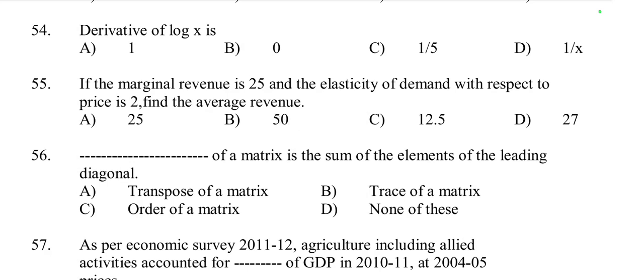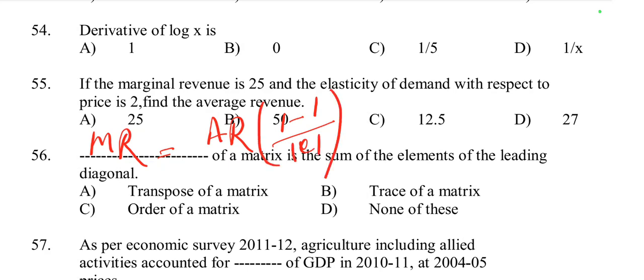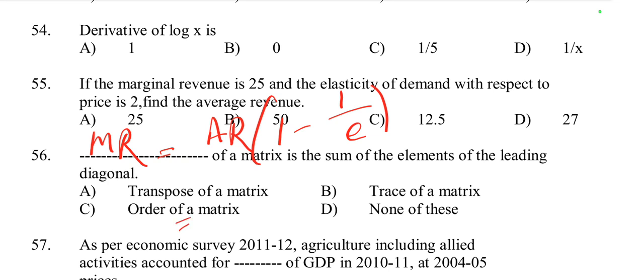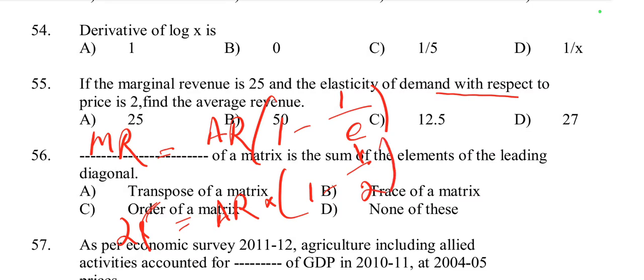We know the formula: MR, marginal revenue, is equal to AR into 1 minus 1 by E. Here MR is given as 25, so 25 is equal to AR into 1 minus 1 by E, where the elasticity of demand with respect to price is 2. So 1 by 2.